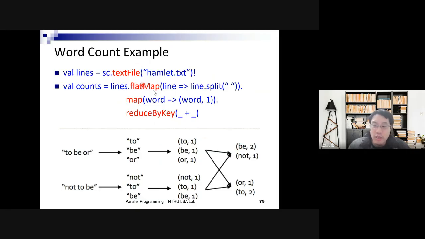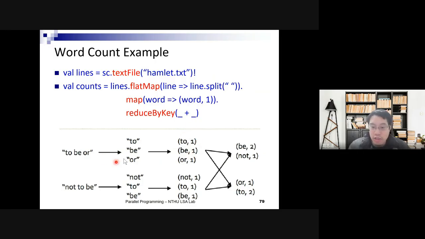Then, for example, maybe this data set is stored on some machine, and that machine failed, then Spark can regenerate the result. If we have this data set stored in another machine, we can use it to apply this function and then generate the missing data set.